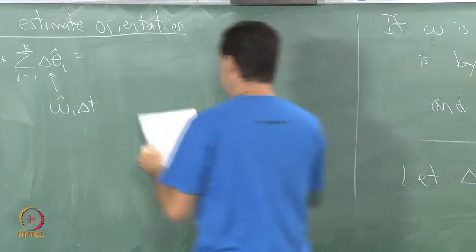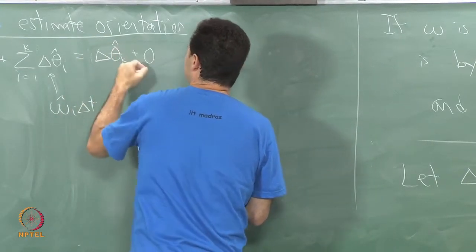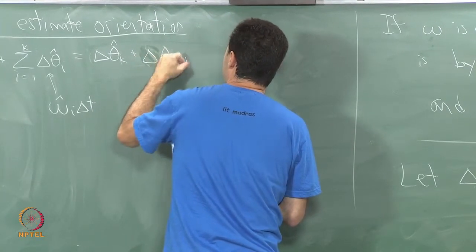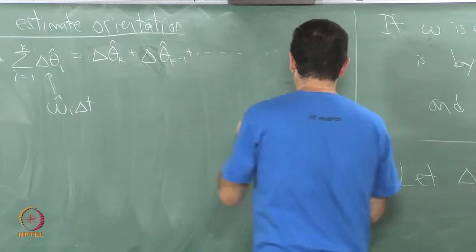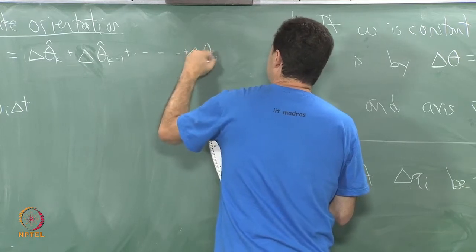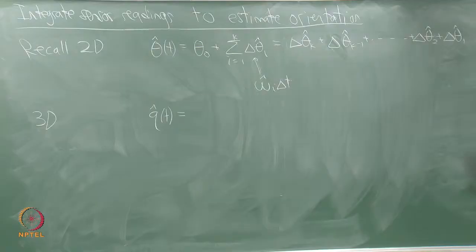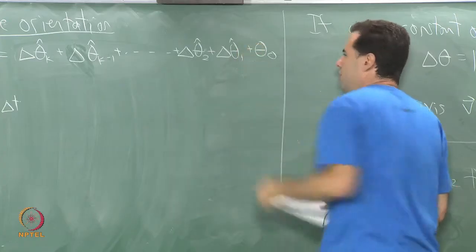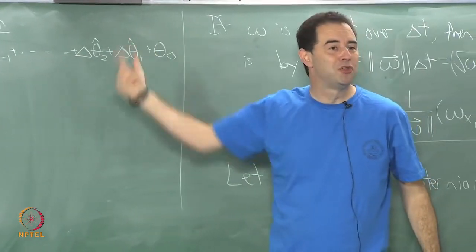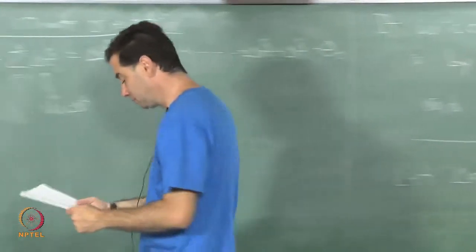So I could write delta theta k hat plus delta theta k minus 1 hat plus dot dot dot all the way down to delta theta 2 hat plus delta theta 1 hat plus theta 0. I'm going to write this one in the other direction because up here I do have commutativity. So I might as well just write it in the other order so that my pictures match up in a pretty way.